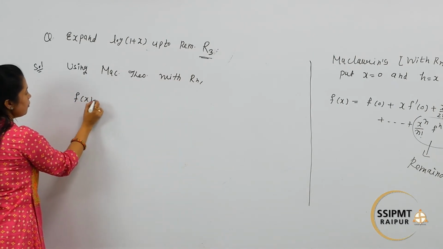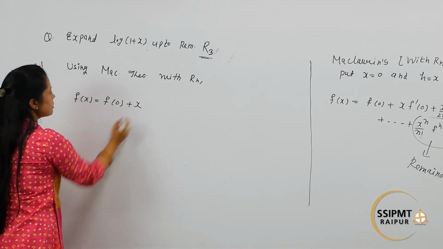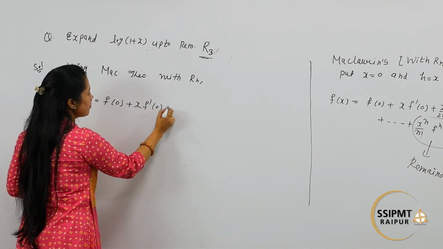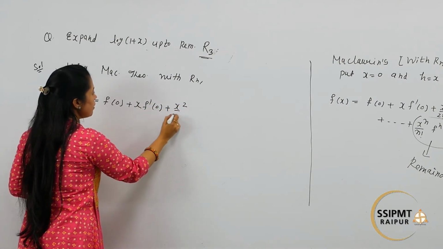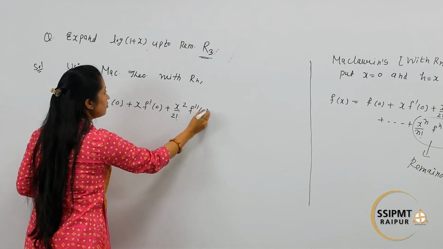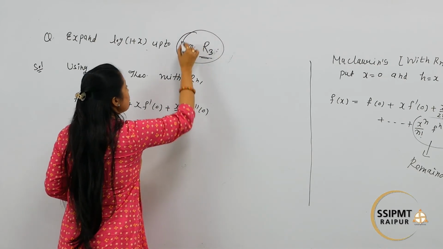The formula is f(x) = f(0) + x f'(0) + x²/2! f''(0), and we have to expand it up to R3.